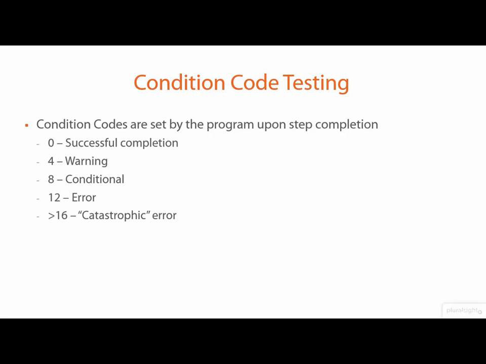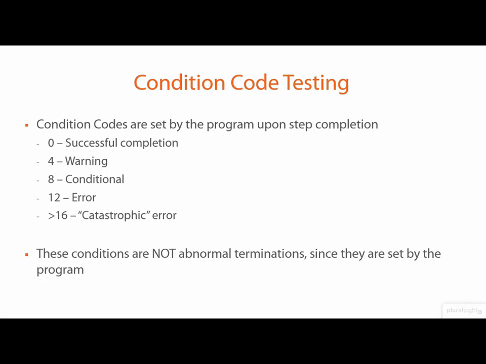But when they occur, usually one of the difficulties is that you have virtually no diagnostic data because something is so severely wrong that the program can't even figure out what to do about it. So this is one of the conditions that you can in fact check. Now most of the time condition code testing is going to be interested in the condition codes of an 8 or a 4 in order to establish whether or not it should run and that there's a reasonable expectation that things are going to work.